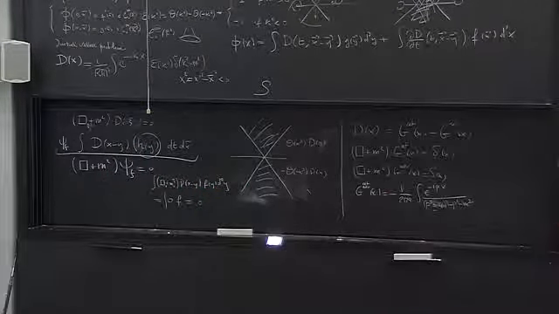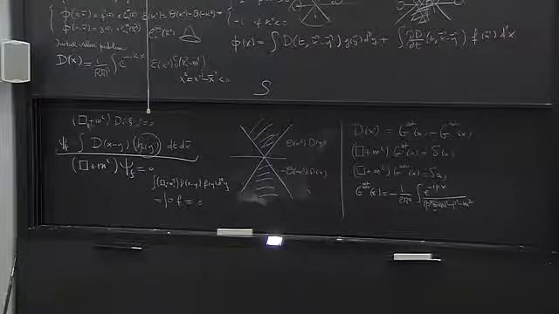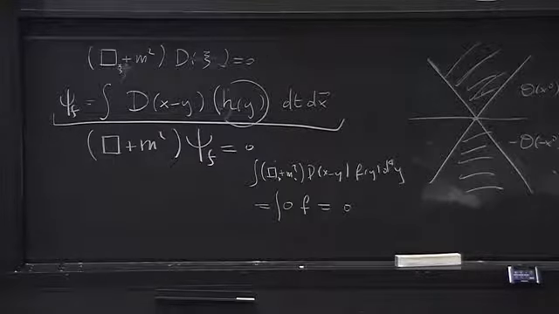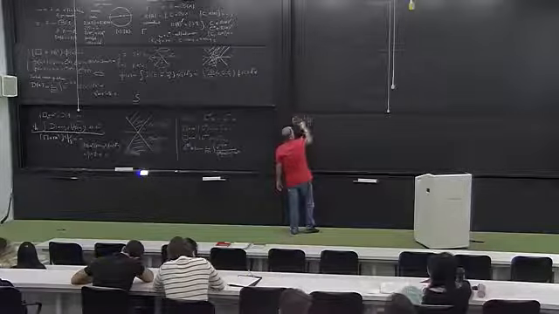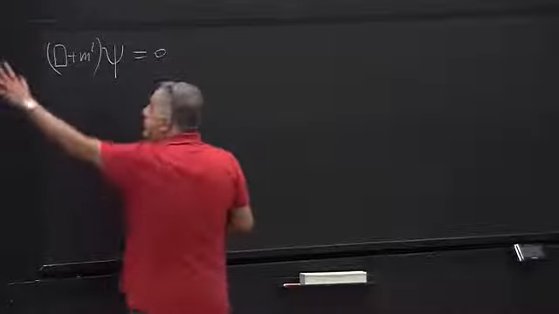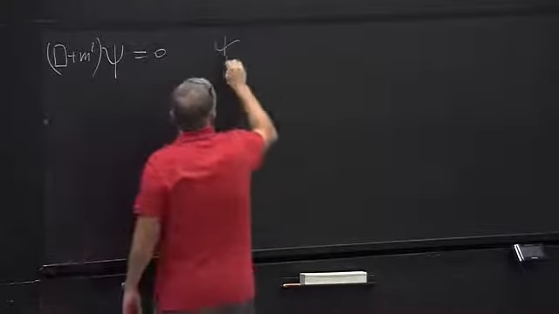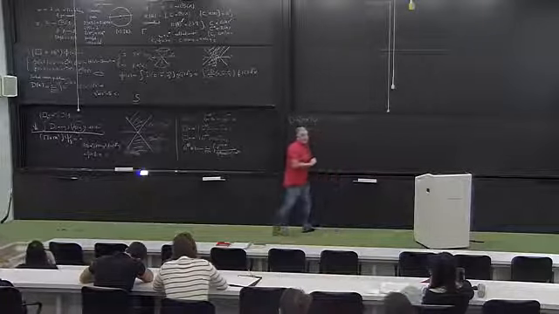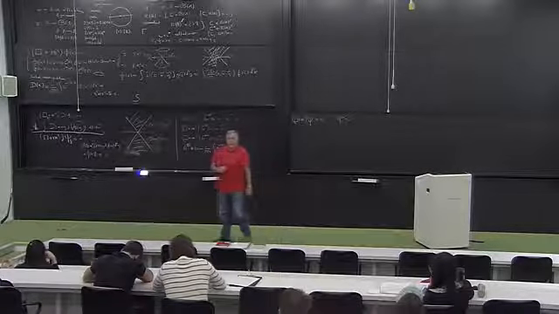How could we proceed? So consider a solution of the Klein-Gordon equation whose initial values have compact support. Okay.